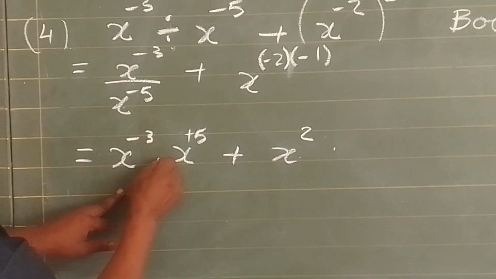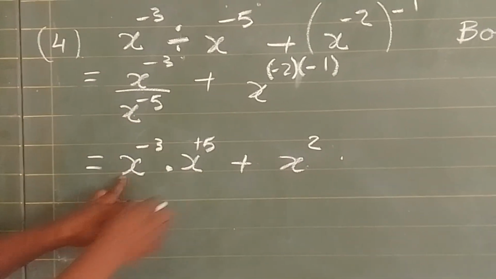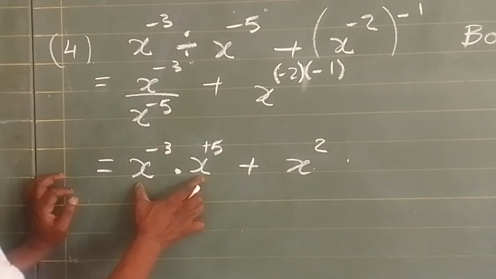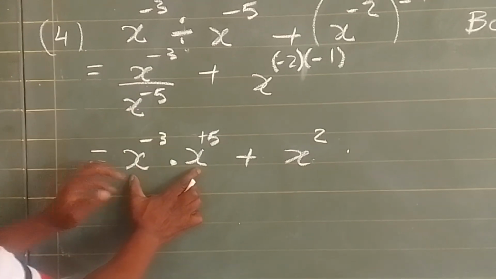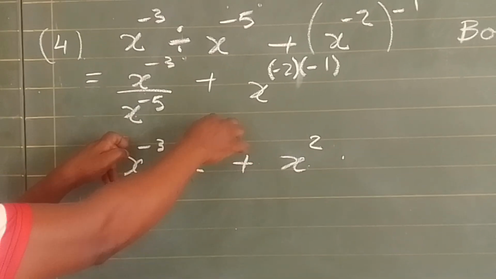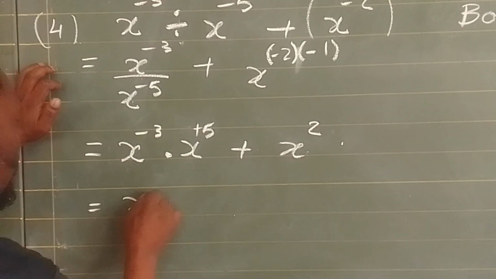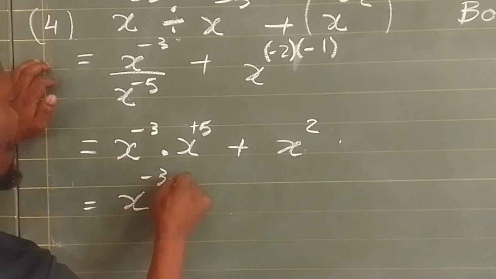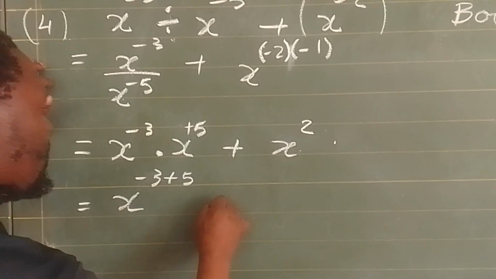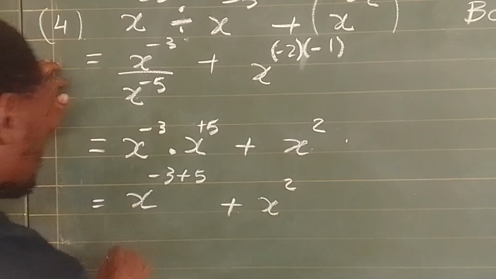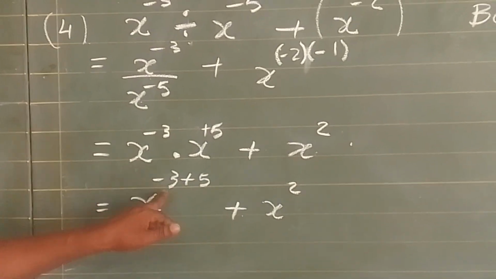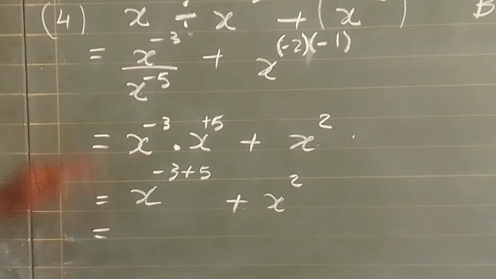Now, remember that strategy I told you: when 2 bases of the same kind multiply, you add the exponent. So here you are going to add x to the power minus 3 plus 5, plus x squared. What is minus 3 plus 5? It's 2.